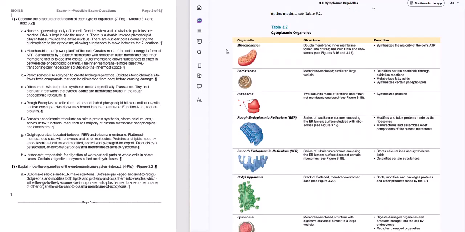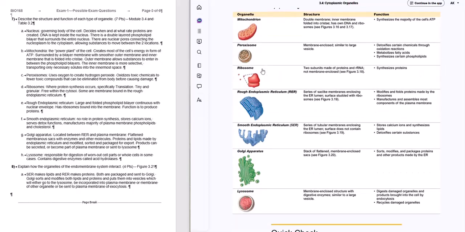Module 3.4 will go over your cellular organelles, but at the end of that, you can find Table 3.2, which does a very nice job of summarizing the organelles. So describe the structure and function of the organelle. More importantly, the function. You need to tell me about the organelle and then the function that it carries out within the cell.